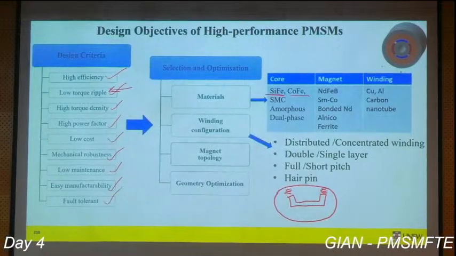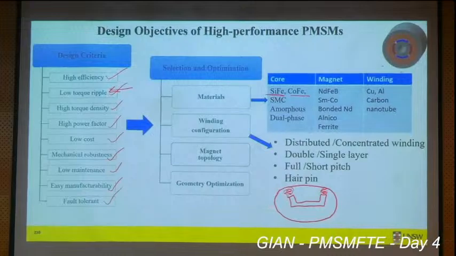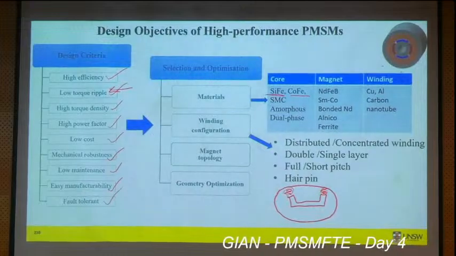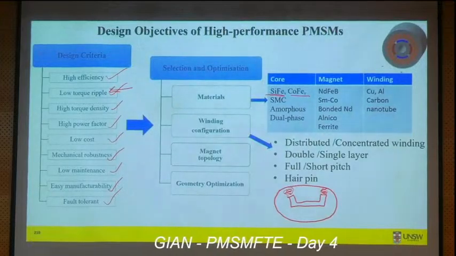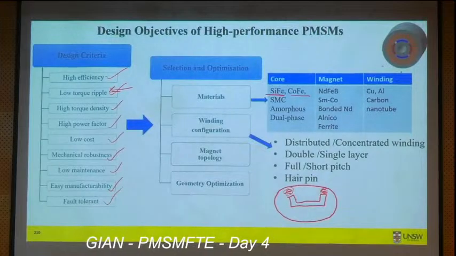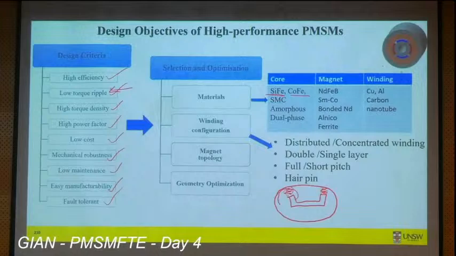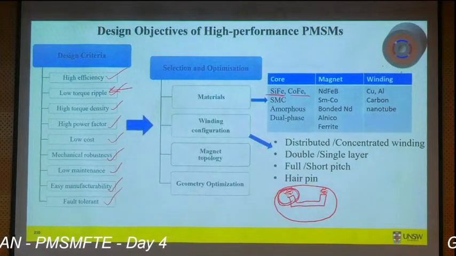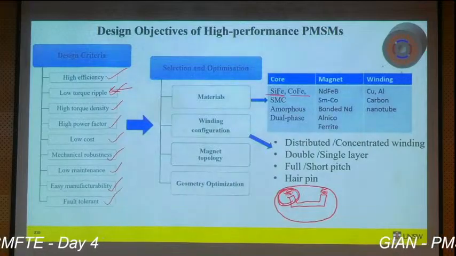Okay, to make this highly saturated, we keep this bridge very thin, right? And this saturation happens actually by leakage flux, because most of the flux will be leaking between this pole and the next pole here, okay? And that's what makes this part highly saturated.